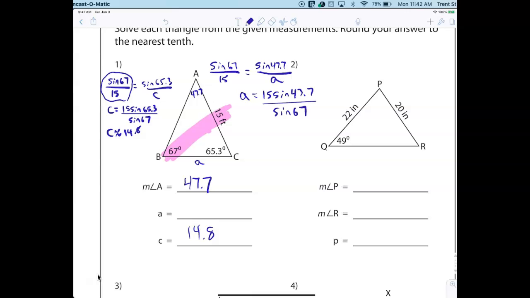Exactly. So what does A equal? About 12.1. Everybody happy with that? All right. I don't think that's that bad.